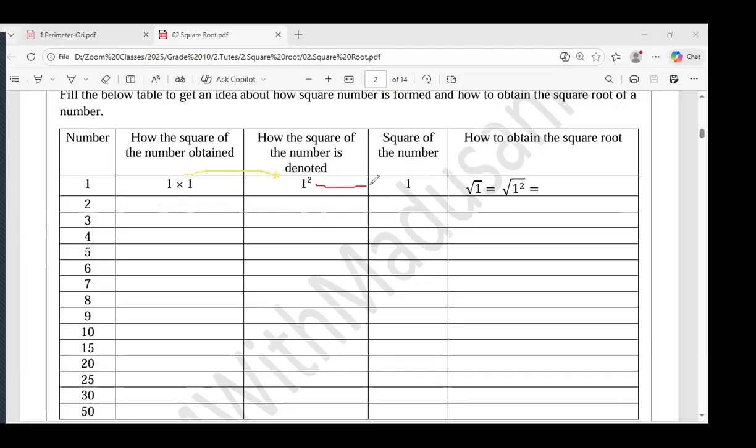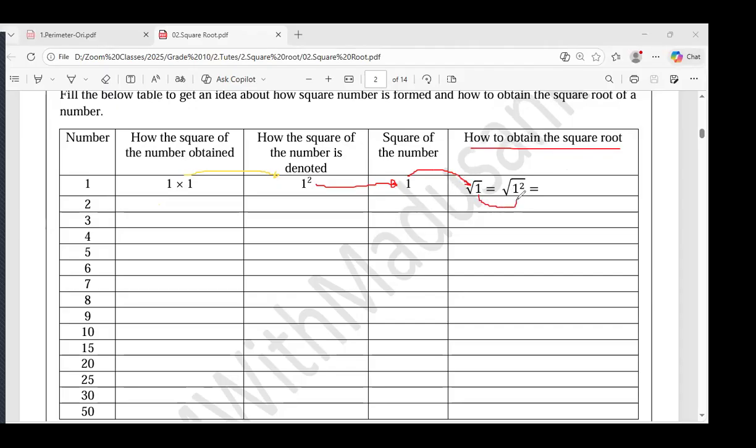What is the answer of 1 to the power 2? It is 1 times 1, which is 1. Now we are going to obtain the square root of this. There is a very easy pattern.